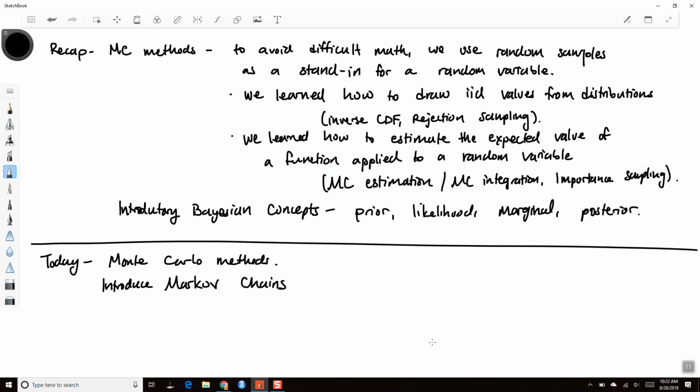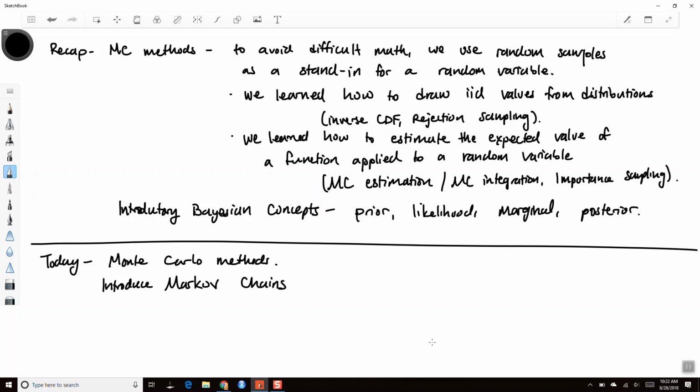The key difference though is that our samples are no longer IID. They're no longer independent of each other. With a Markov chain, each sample that you draw is dependent on the previous value that you drew. And when something is dependent, then the math all changes.